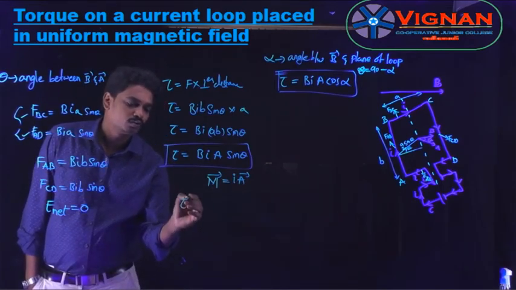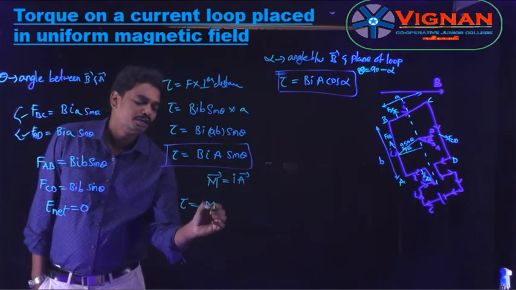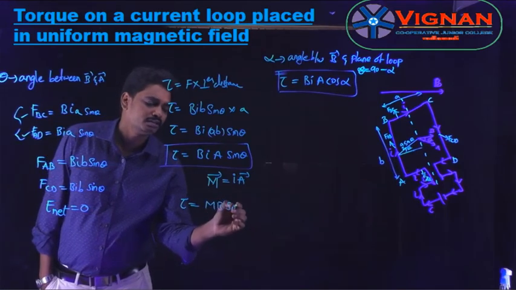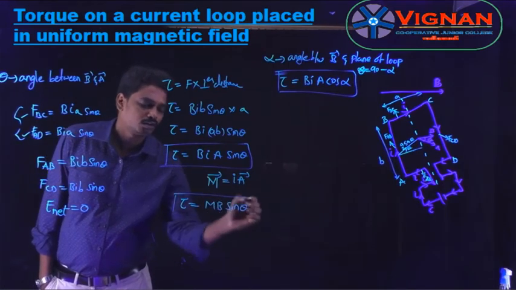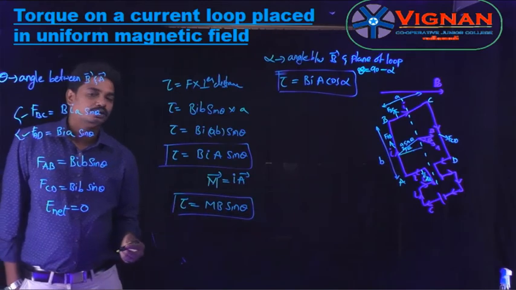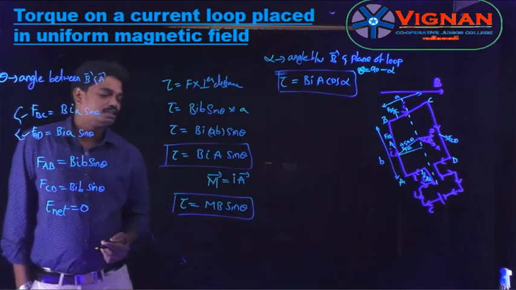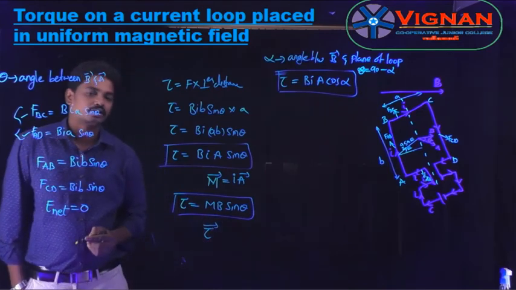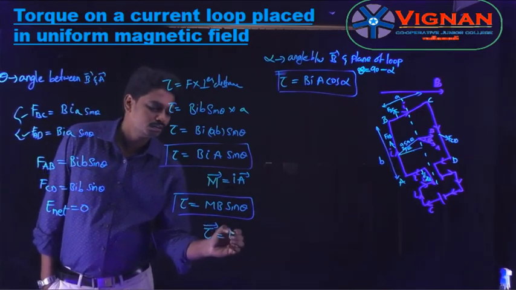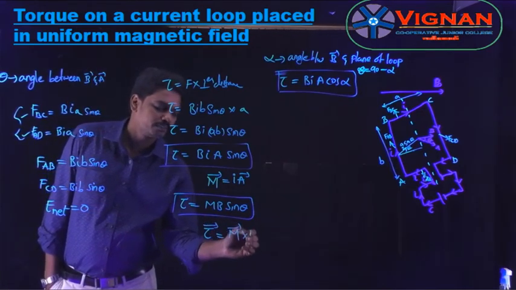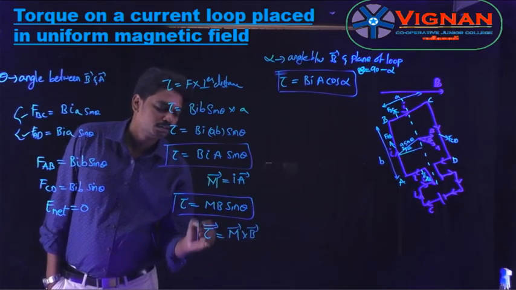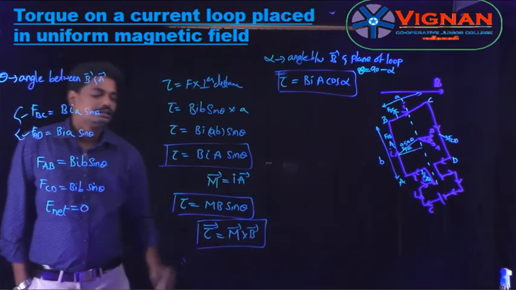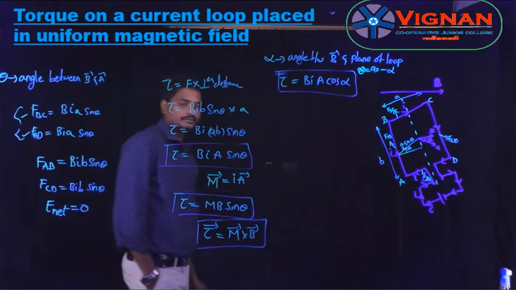Therefore torque tau is equal to M into B into sin theta, from which torque tau bar, as the torque is a vector quantity, is equal to M bar cross B bar.